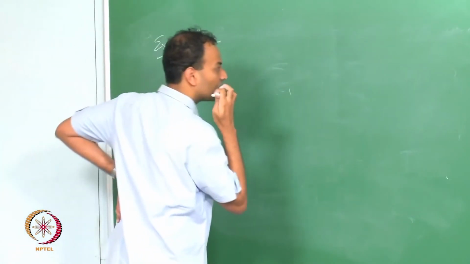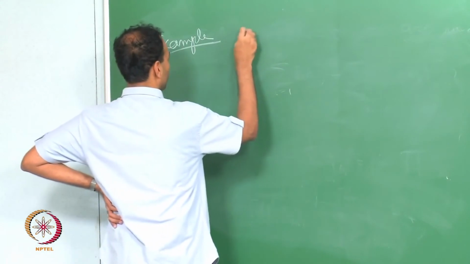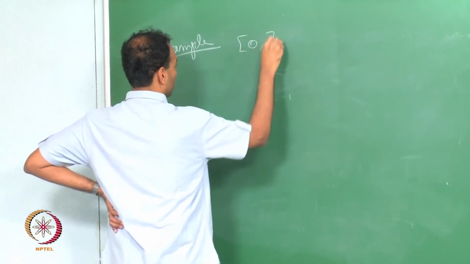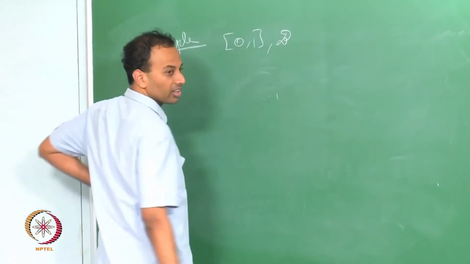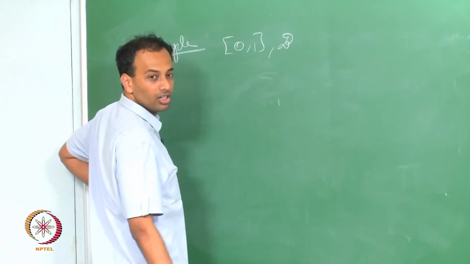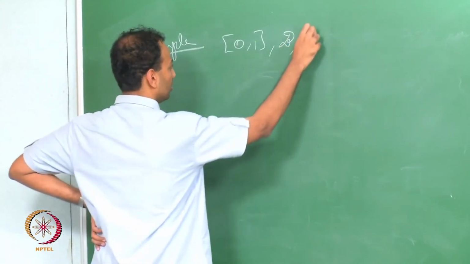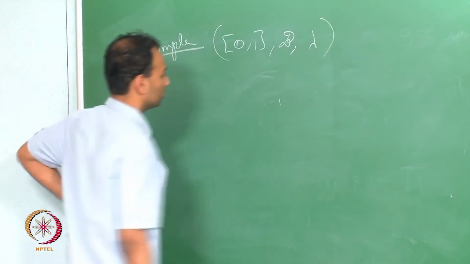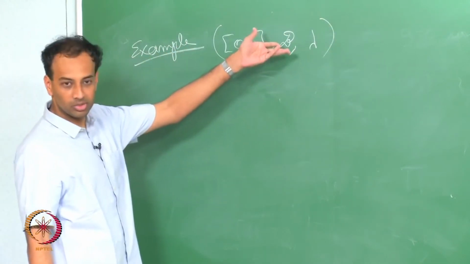Let us say you take (Omega, F, P) to be my favorite [0,1] interval endowed with Borel and Lebesgue measure. That is my probability space.